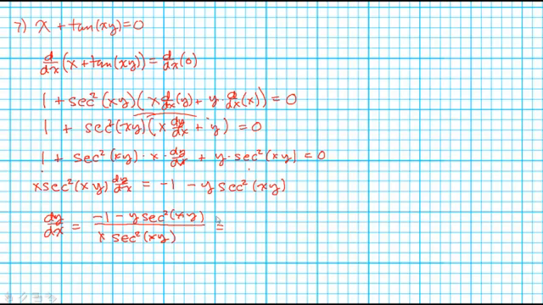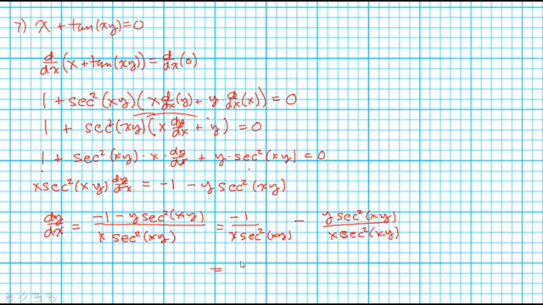It looks like it has a common denominator, so they're going to call it negative 1 over x secant squared xy minus y secant squared xy over x secant squared xy.